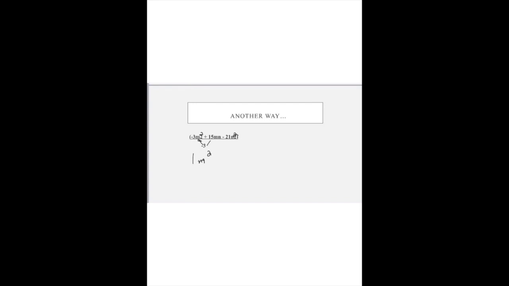Then negative 3 into positive 15 will end up being negative 5. The mn carries down. And we have negative 3 into 21n squared. And we have a negative divided by a negative, which gives us a positive, so 7n squared.